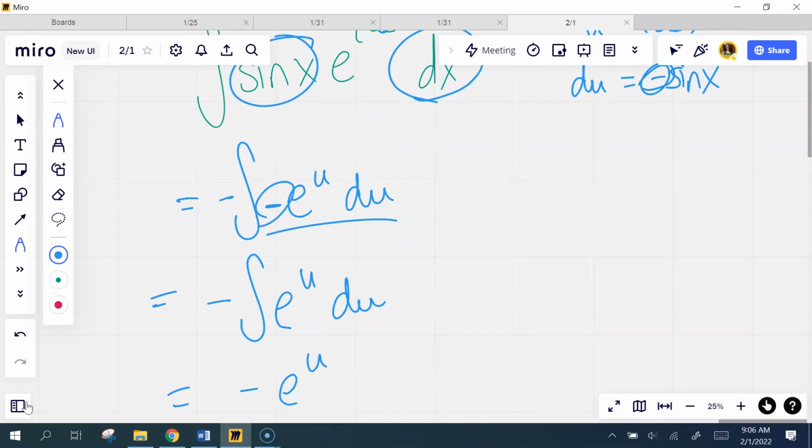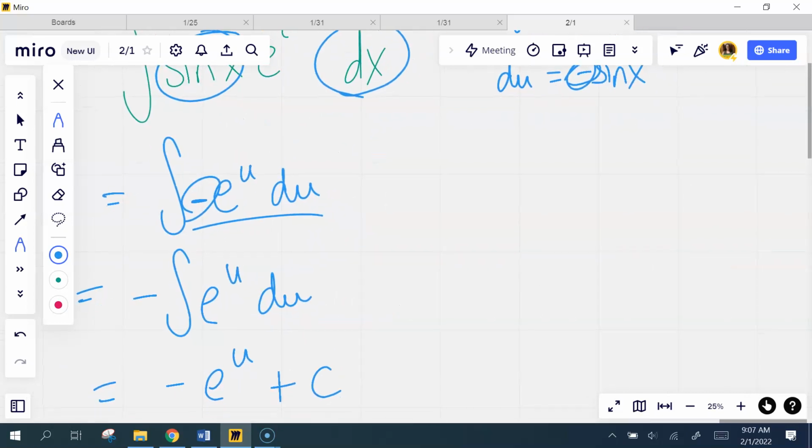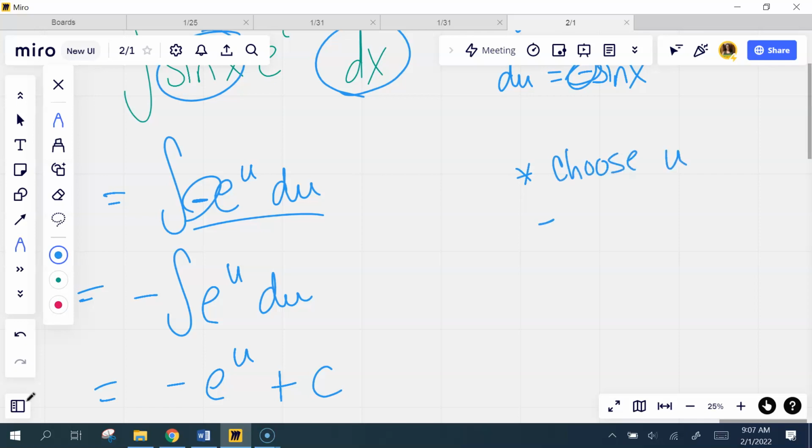I've got to do my plus c because it's an indefinite integral. And then you plug the u back in. So you're going to choose a u, find du, integrate, and plug back in.